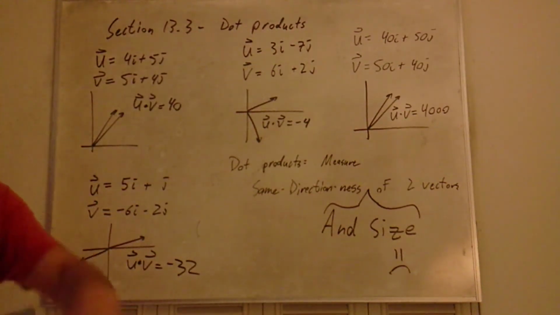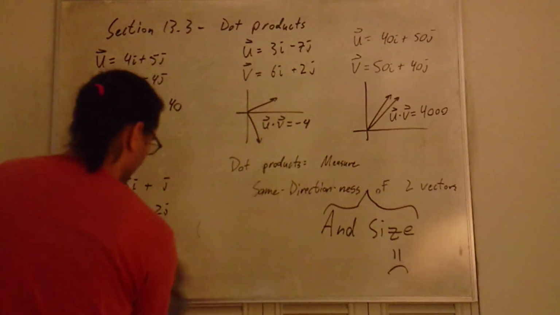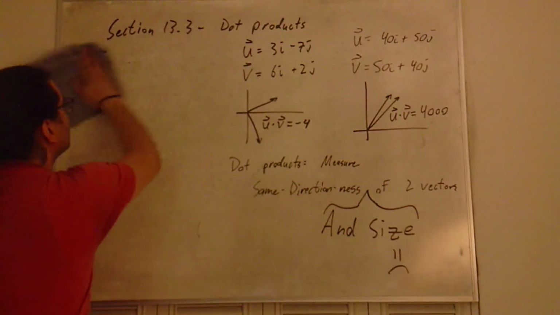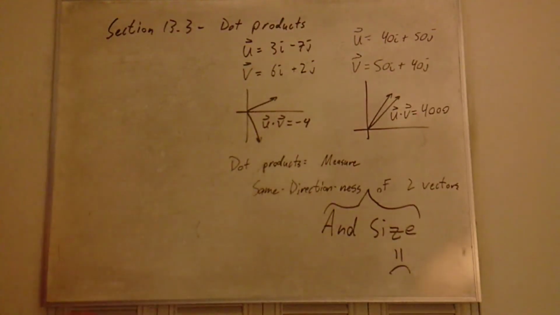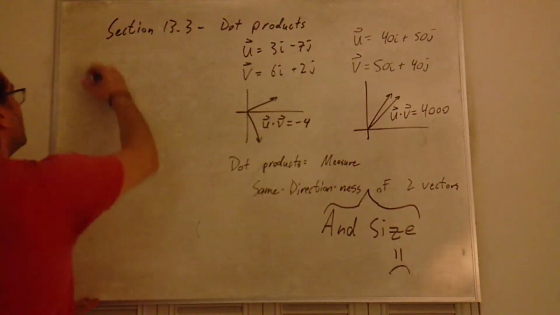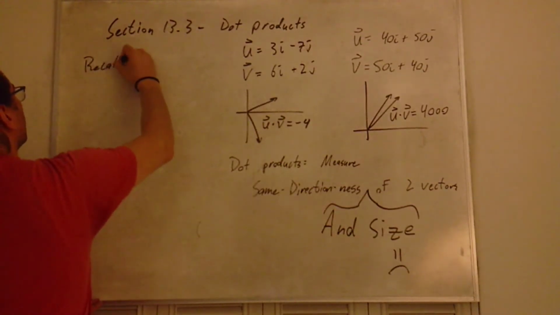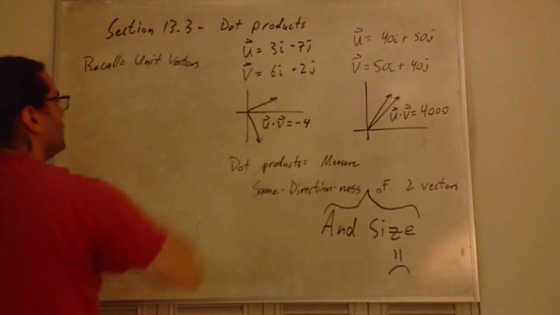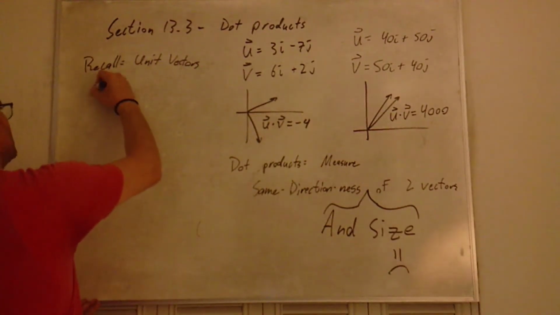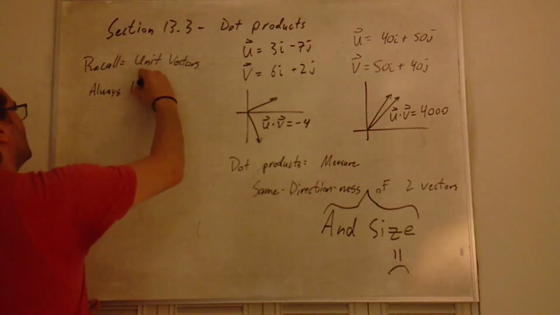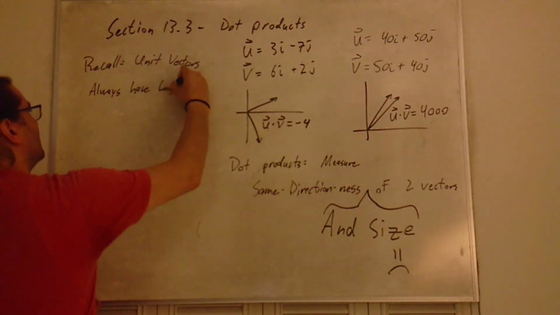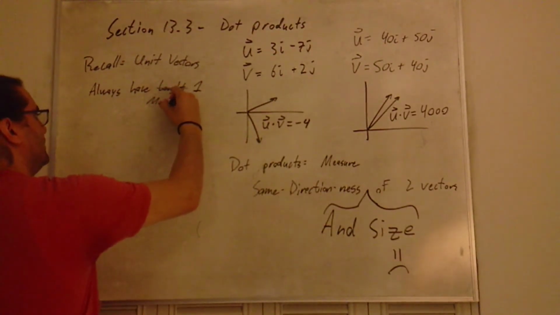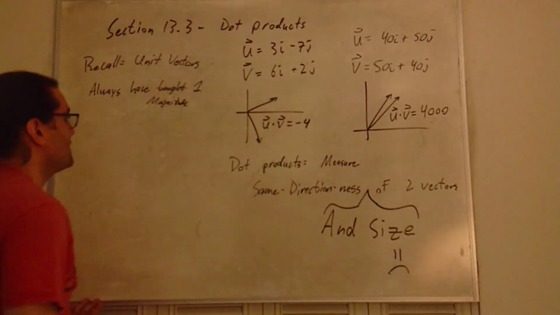So in an earlier video, we talked about unit vectors. Unit vectors always have length 1, or magnitude, I should say magnitude. They always have a magnitude of 1.